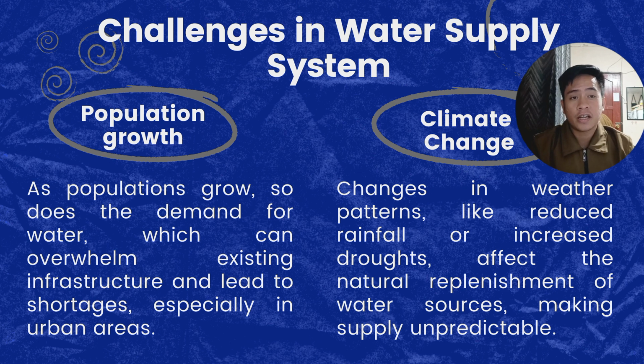The next is climate change. Changes in weather patterns like reduced rainfall or increased droughts affect the natural replenishment of water sources, making supply unpredictable.